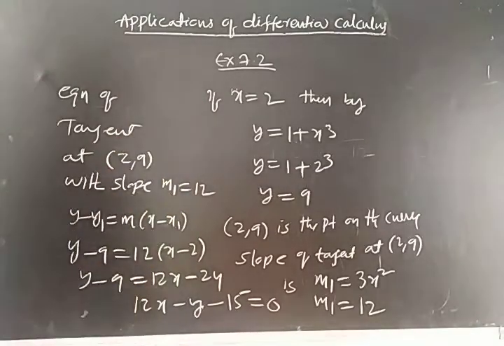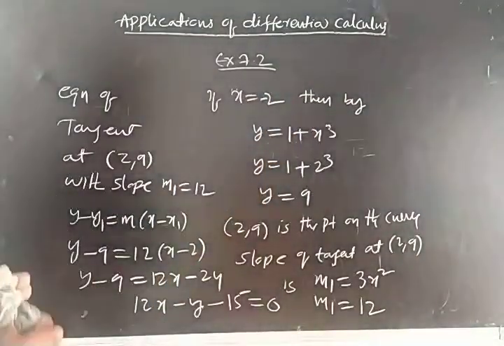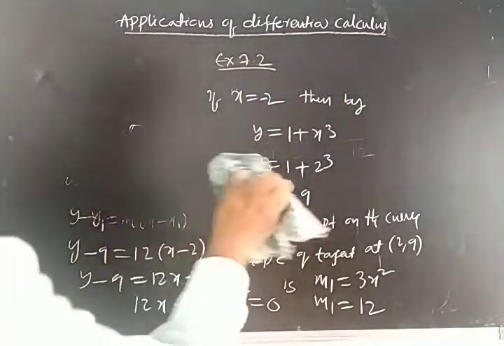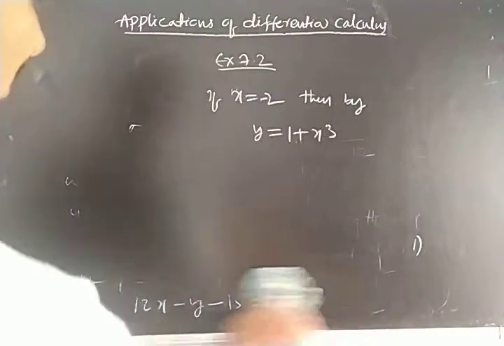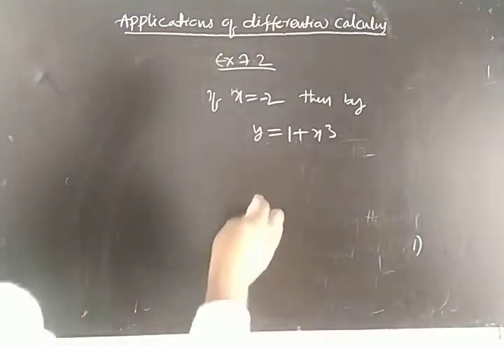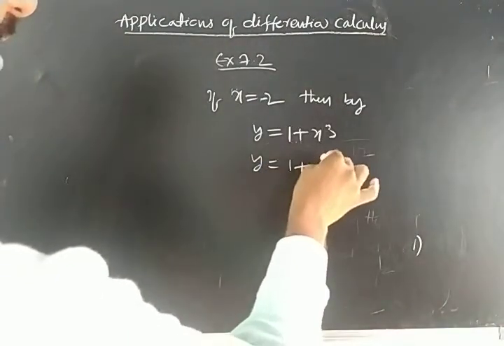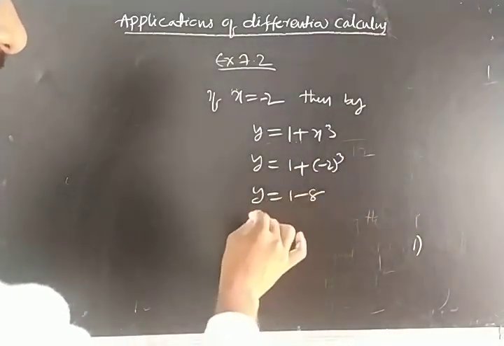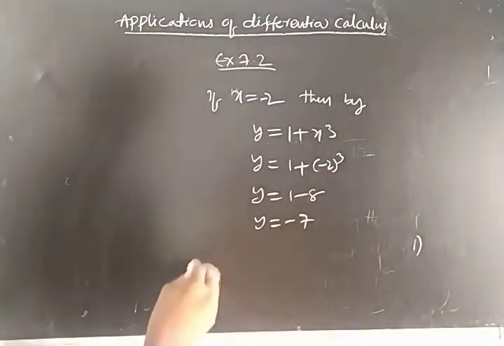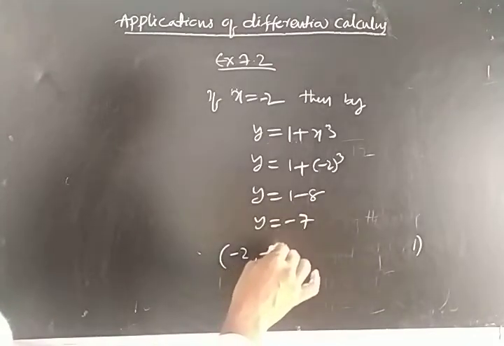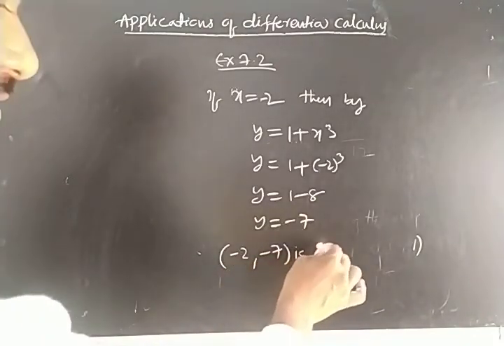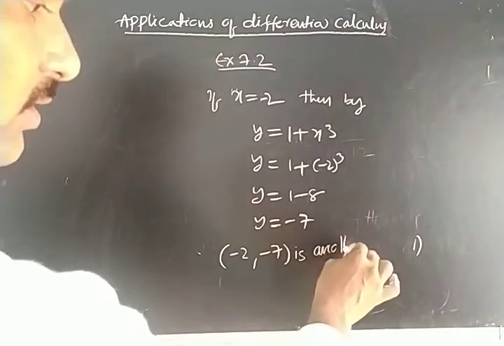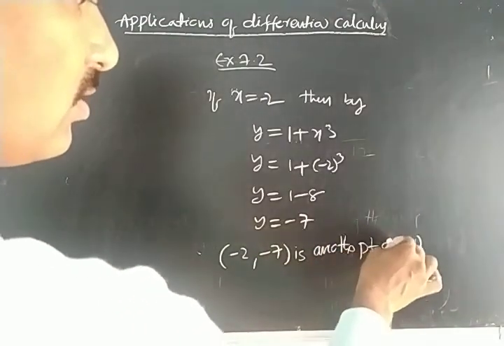So if x equal to minus 2, again substitute in the curve, you will get another point. So y equal to 1 plus (minus 2) whole cube, y equal to 1 minus 8, y equal to minus 7. Therefore (minus 2, minus 7) is another point on the curve.